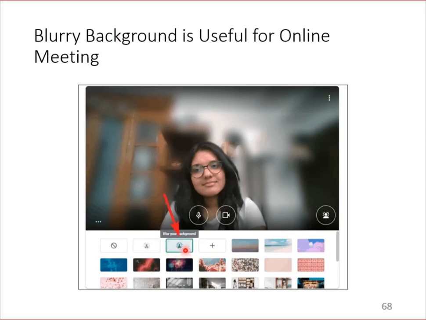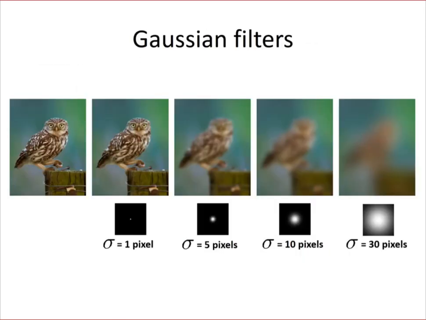If you click this button, you will get a blurry background. If you click this button, you will get a relatively clear background. So how do they control it? They can just adjust the kernel size.